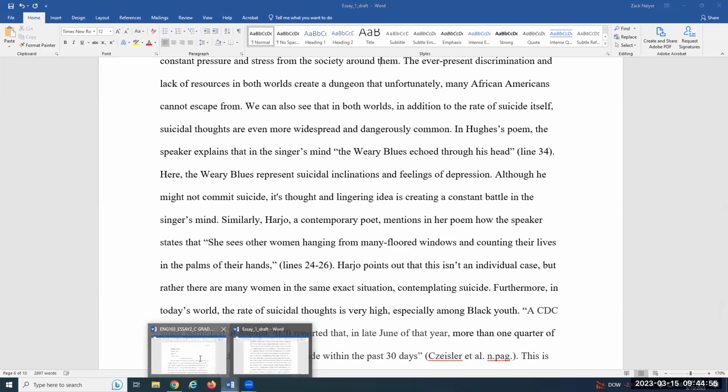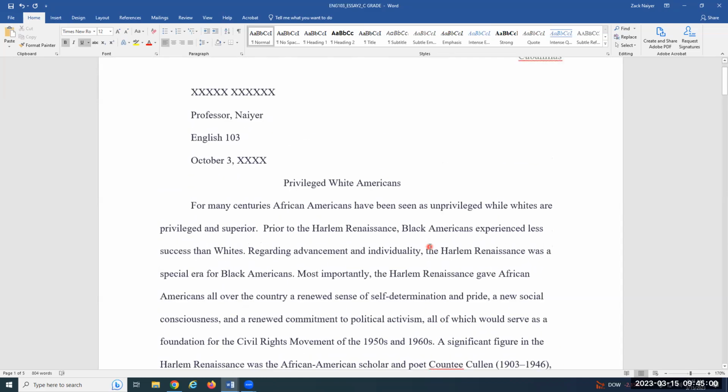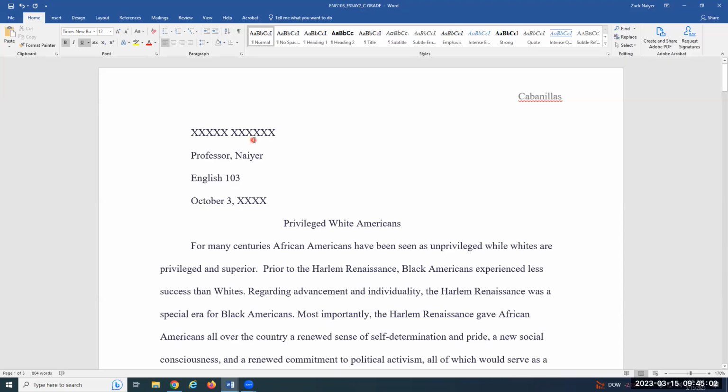Now let's take a look at an essay that got a grade of a C. Okay, so first of all, formatting generally is fine, and the student has the headers, although the student should have put the page number as well.